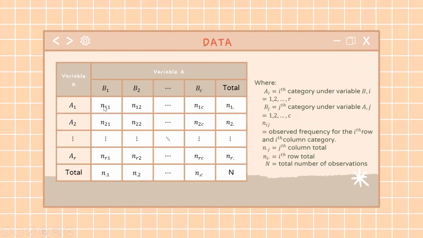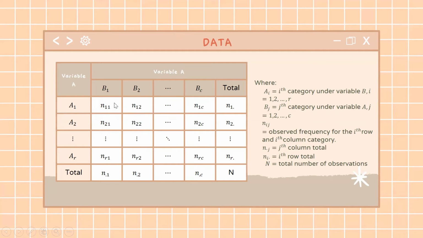So for the first term in the summation for computing the total number of concordant pairs, we get the frequency here, n sub 1,1, and we multiply it by the summation of these frequencies. So we add all of those, and then we multiply it by this frequency. And then for the next term in the summation, we do it for n sub 1,2, and then these frequencies. And then we move on until we get to n sub rc.